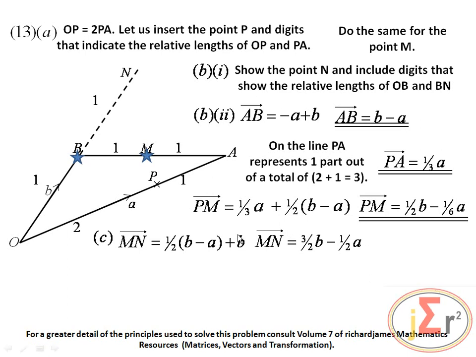We have chosen to calculate MN. And MN is a half of AB plus b. And a half of AB is a half of b minus a. Remember, AB is equal to b minus a. Plus b. When we simplify that, we get 3 over 2 b minus a half a.